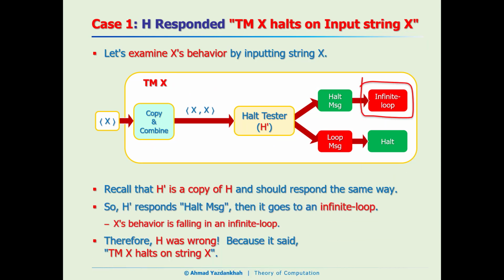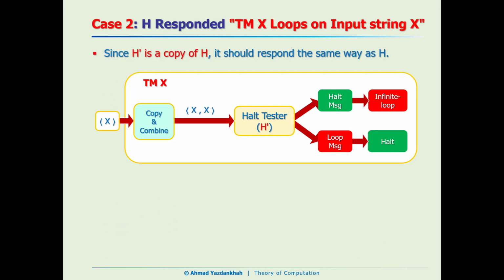Now the second case. Case number 2, H responded Turing machine X loops on input string X. Please note that we are using the fact that this H and this H prime are equivalent.